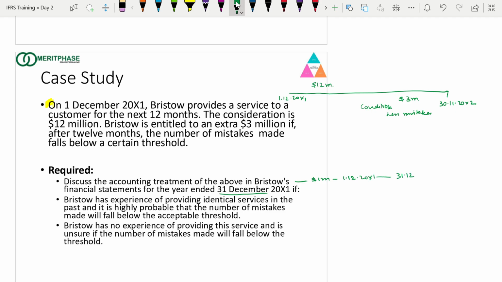The last part says Listo has no experience of providing the service and is unsure if the number of mistakes made will fall below the threshold. So if at this point they are unsure about the entitlement of the extra 3 million based on the mistakes, I think they will not record the 3 million part or any part of it in December.